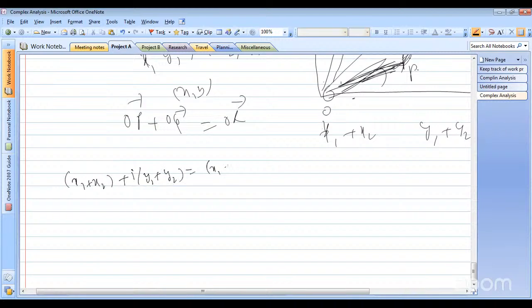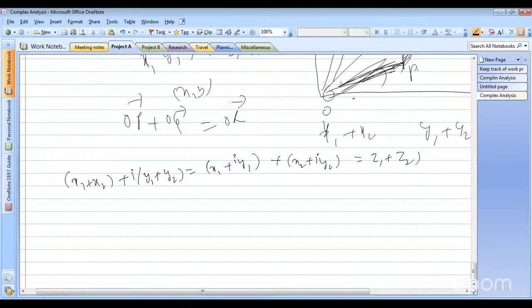That is x1 plus iy1 plus x2 plus iy2, which is z1 plus z2. Thus the fourth vertex of the parallelogram with vertices O, z1 and z2 represents z1 plus z2. Hence, the addition of complex numbers can be visualized as vector addition.